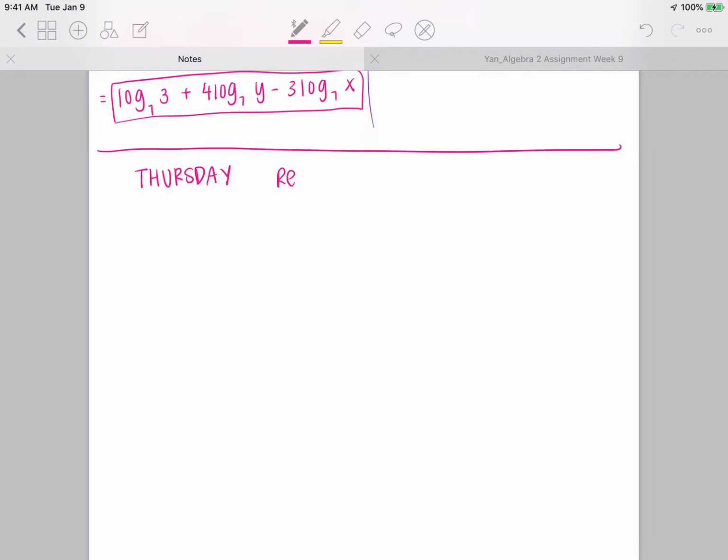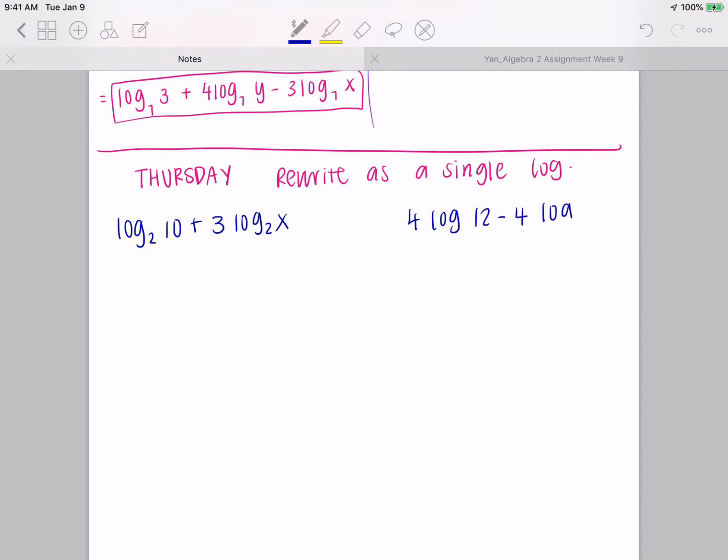And rewrite as a single log. And here are some of the questions. Let's do one more.